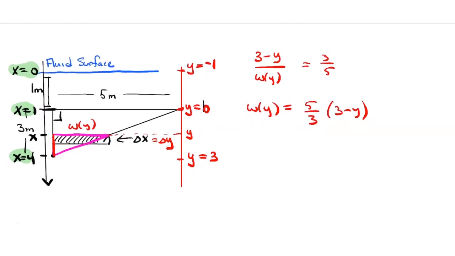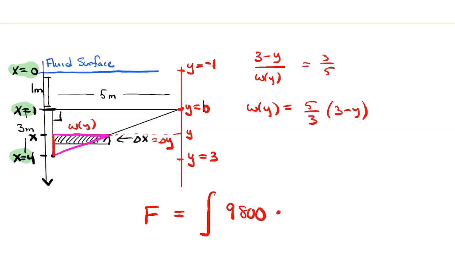And then the same exact principle, the force is the integral of density, weight density, 9,800, times the depth. But let's be careful here. In this coordinate system, the depth is not y. Can you see? The depth is y take away -1. That's the length of that thing.